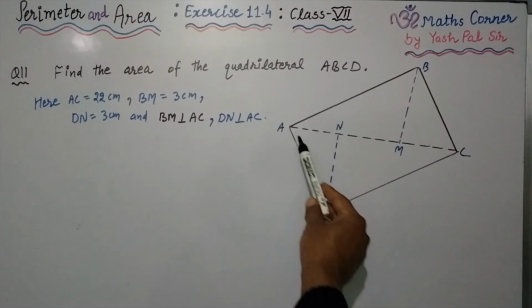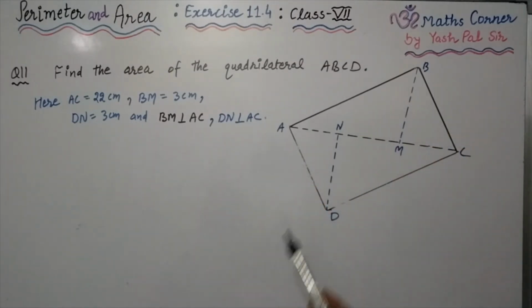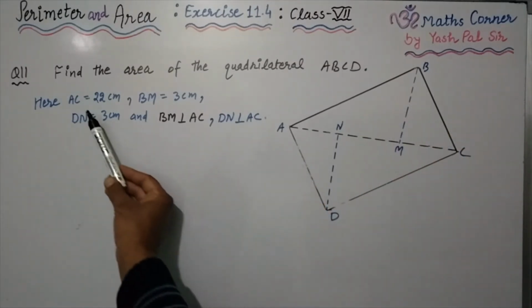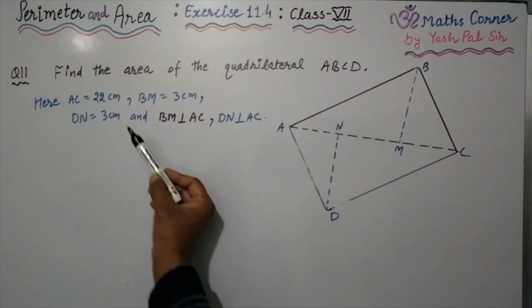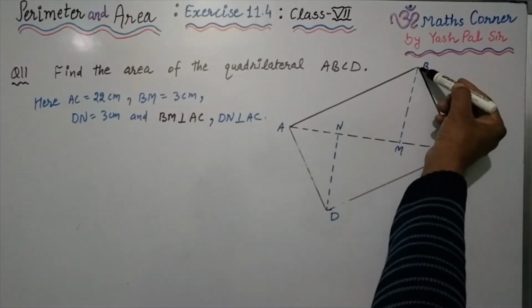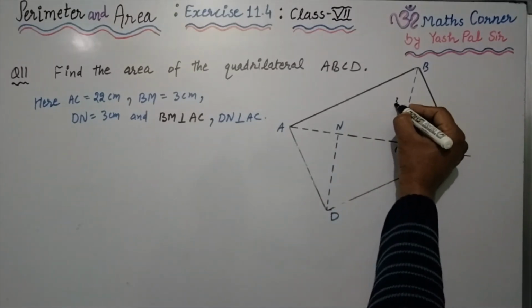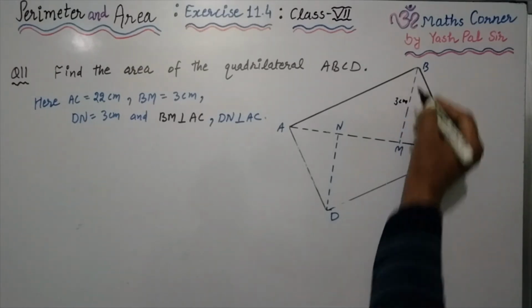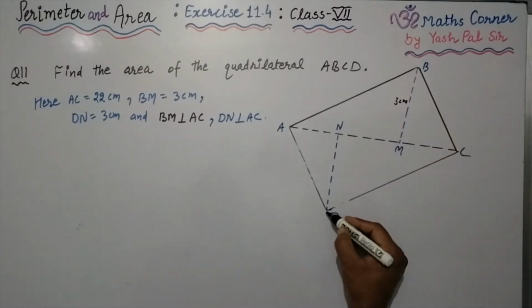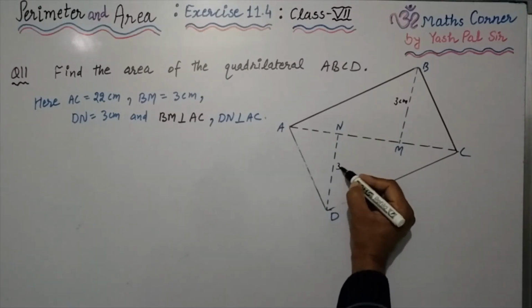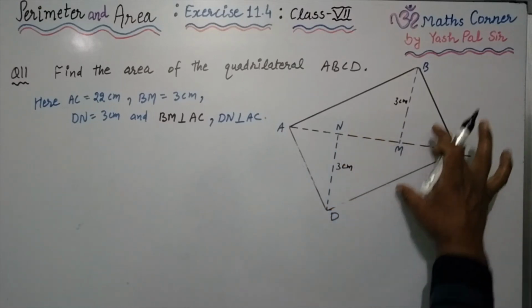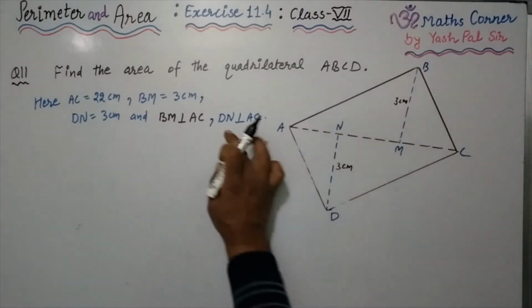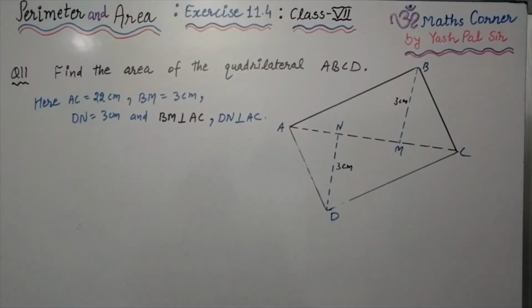Okay. Now question number 11. Find the area of the quadrilateral ABCD. This is the quadrilateral. Here AC, A to C, is 22 centimeter. BM is 3 centimeter. DN is also 3 centimeter. BM is perpendicular on AC. DN is also perpendicular on AC.